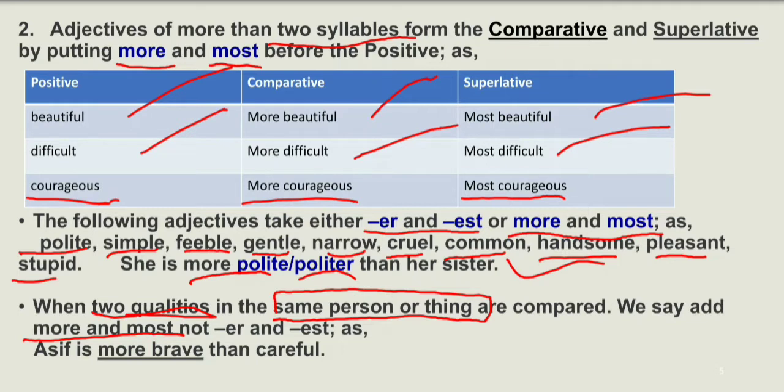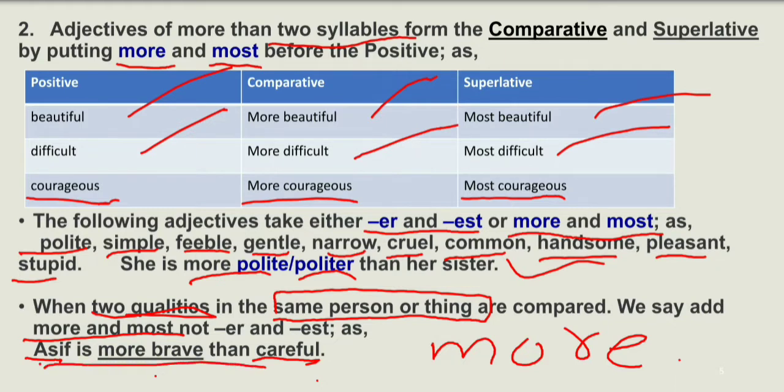But now here there is one person, Asif, and his two qualities, one is brave and the second is careful. So brave and careful are compared. In that case we add more and most. We cannot add er and est to the comparative and superlative. So the sentence would be: Asif is more brave than careful.